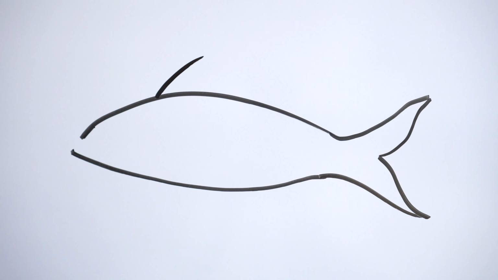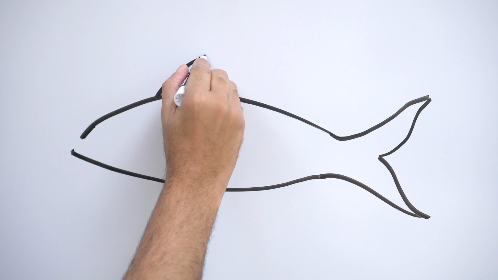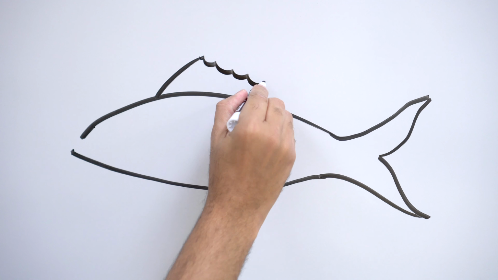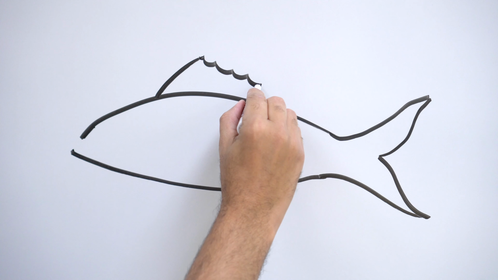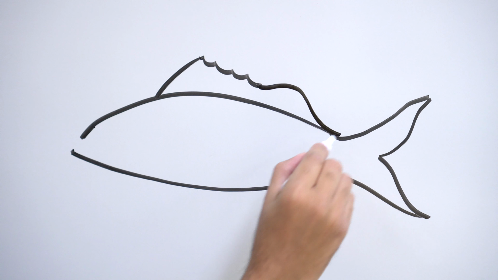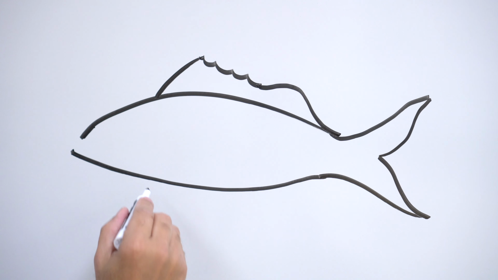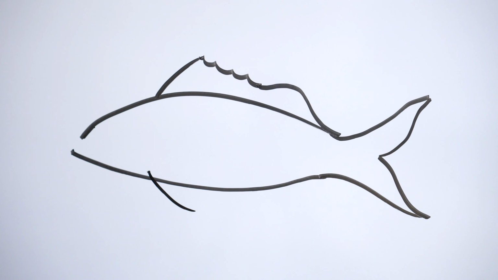Let's do the dorsal fin, so a big curvy to the left, and then these curly lines that stop at the middle, and then make a big curve towards the end of the body. For some reason this one has the pectoral fins a little bit towards the bottom, so go ahead and do that.